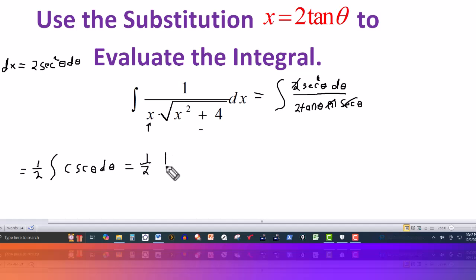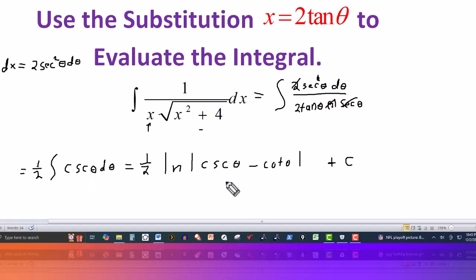This is going to be the natural log of the absolute value of cosecant of theta minus cotangent of theta, plus the constant of integration. So again, I'm just using the formula, except there's one for secant and one for cosecant. I derived both of these in other videos, but these are pretty much ones that you should know.